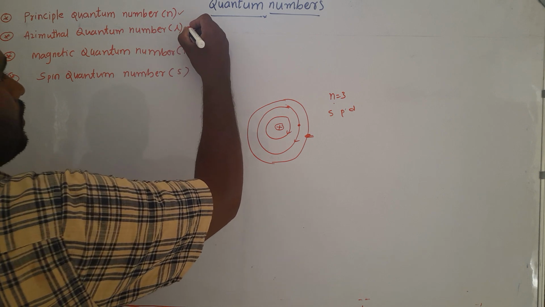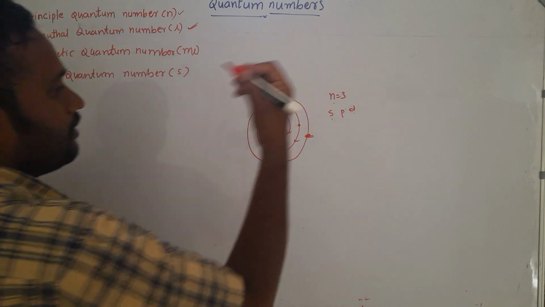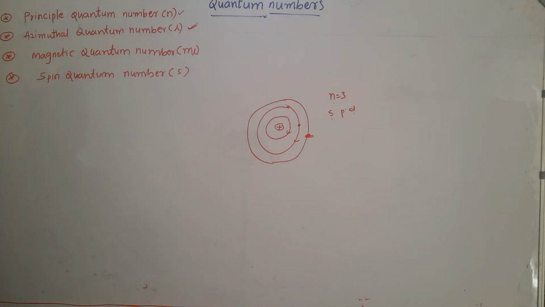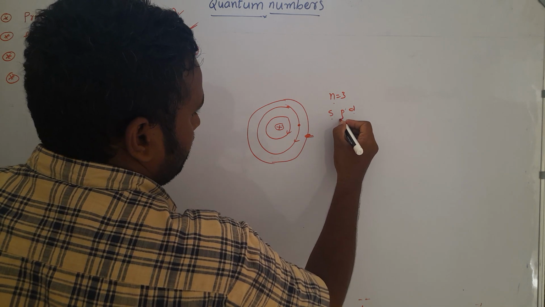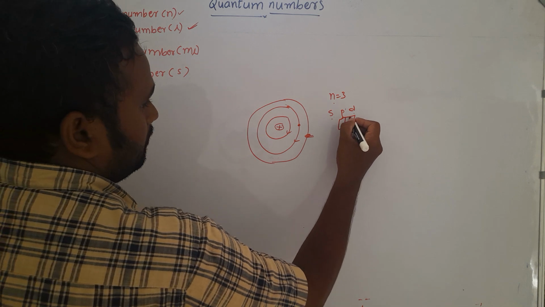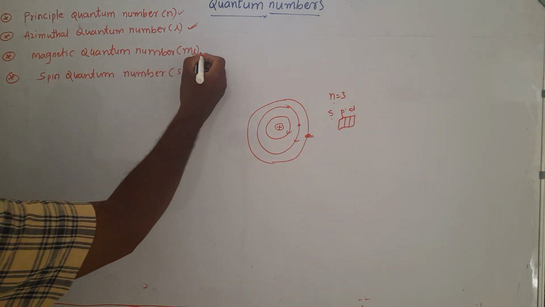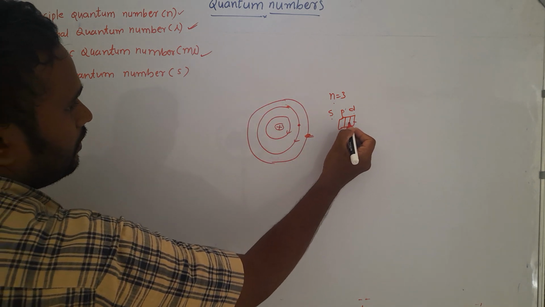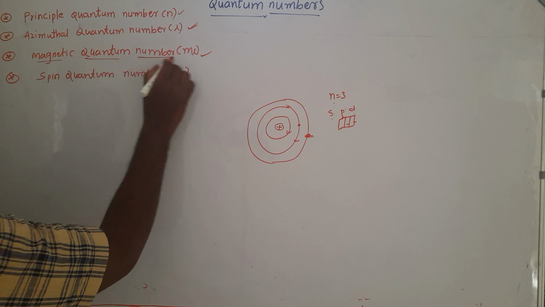So the azimuthal quantum number will give information about in which subshell the electron is present. For example, let us consider the electron is present in the P subshell. Then again we know the P subshell contains 3 orbitals. In which orbital the electron is present, that information is given by the magnetic quantum number.